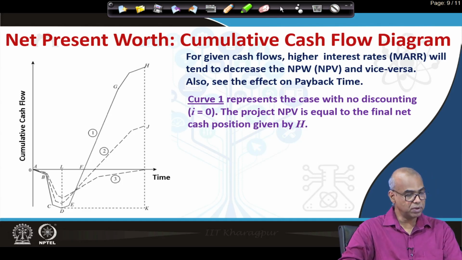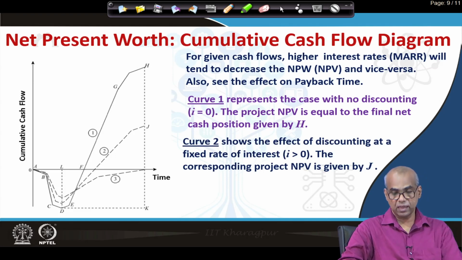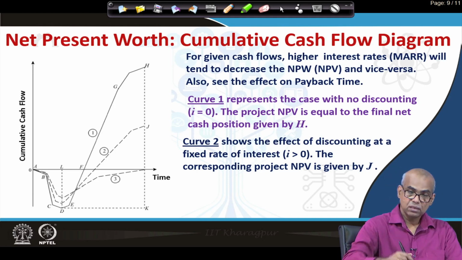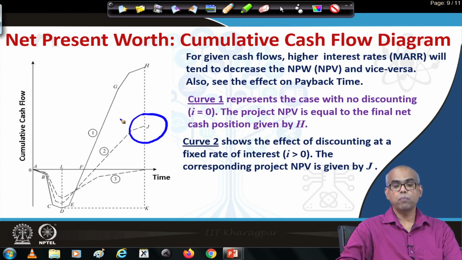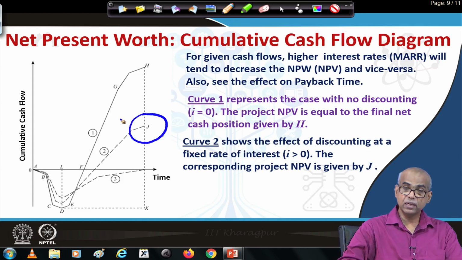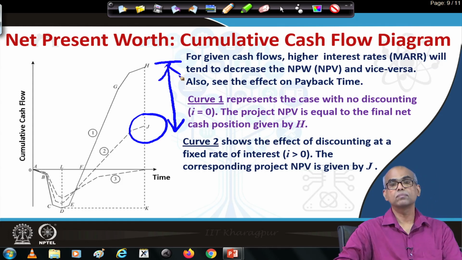So, the minimum acceptable rate of return has been increased. So, curve 2 represents such a case where you can see the effect of discounting at a rate of interest which is greater than 0. Now, you can see the project NPV, which is represented by point J, has decreased from point H to this value. So, it has decreased by this quantity.